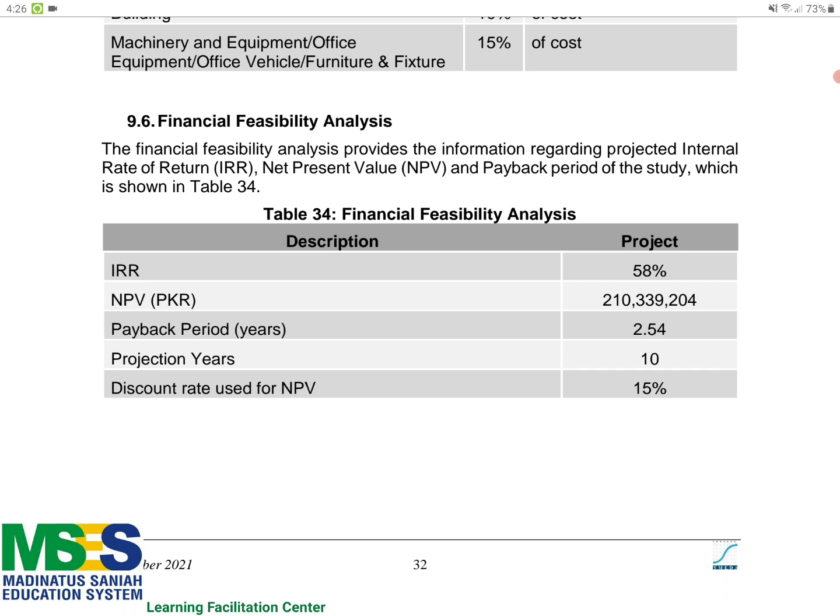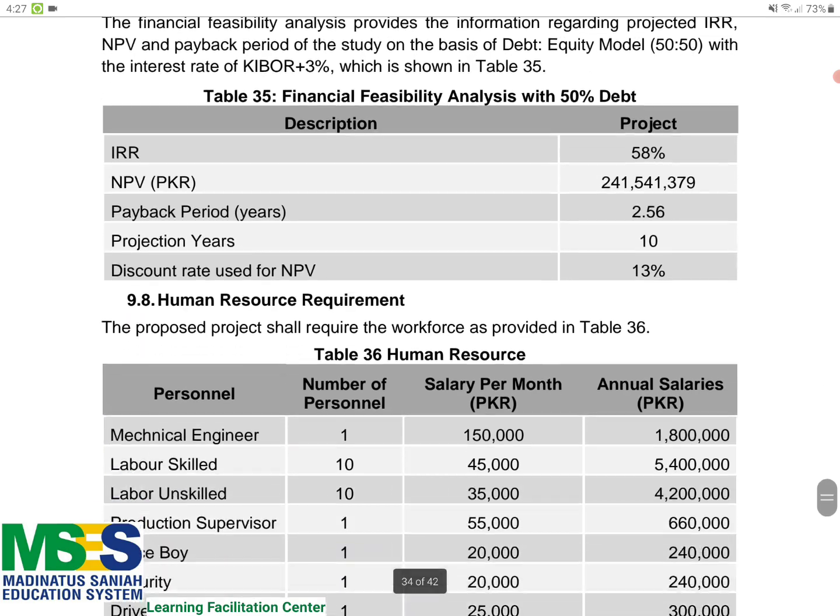How much money will be received? 41.7 million rupees will be returned. 4 crore would return in 2.5 years, and then you will start earning profits. And can we see their annual income statement? Can you show us, Samaya, the annual income statement?